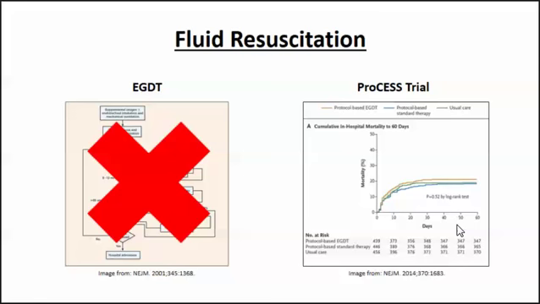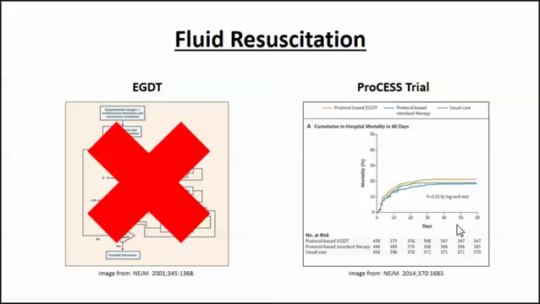In reality, that makes sense, because to think that any one patient or any group of patients is going to need the same static measure of fluid responsiveness or resuscitation makes very little sense in the big picture.